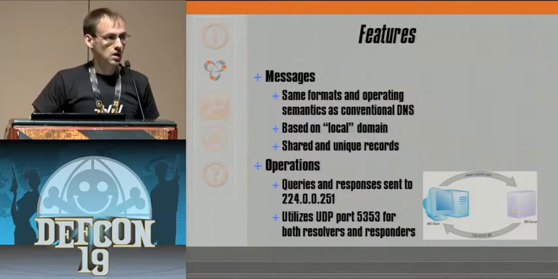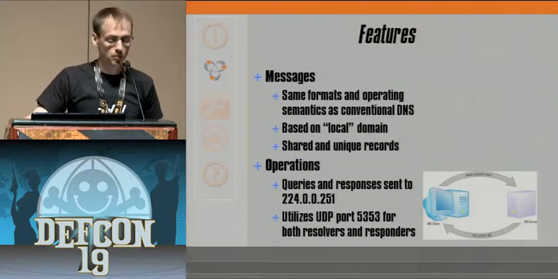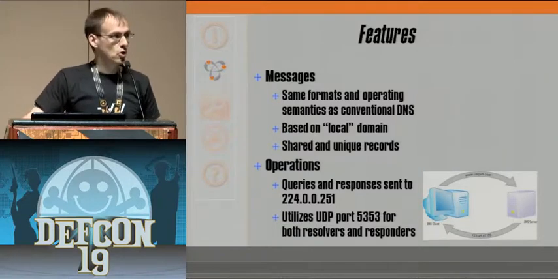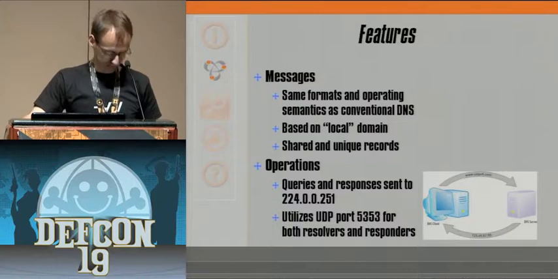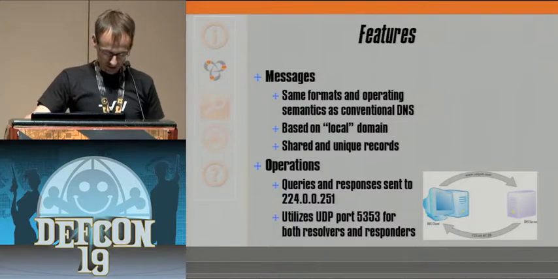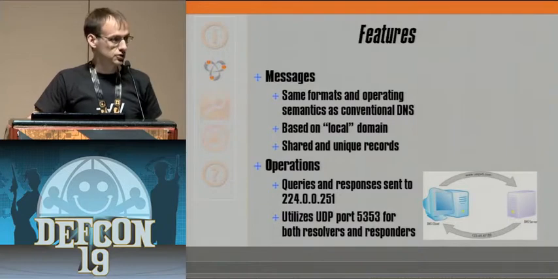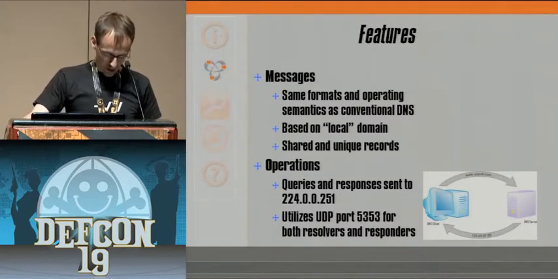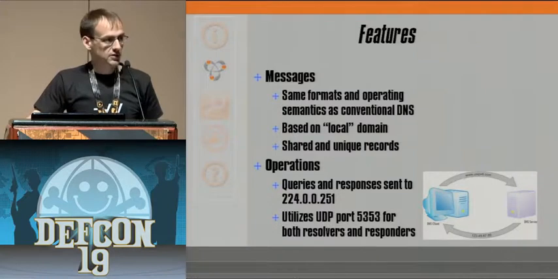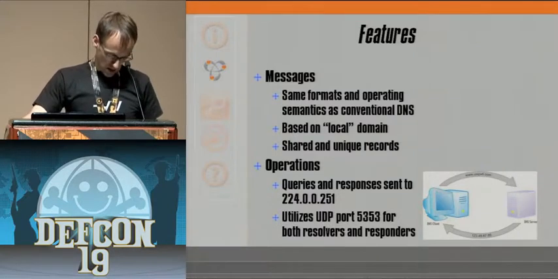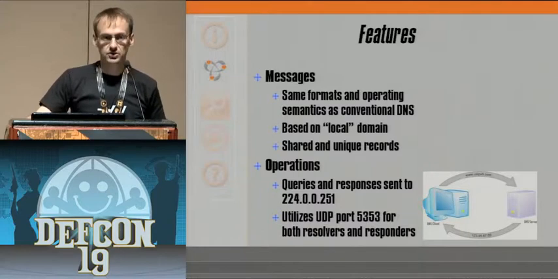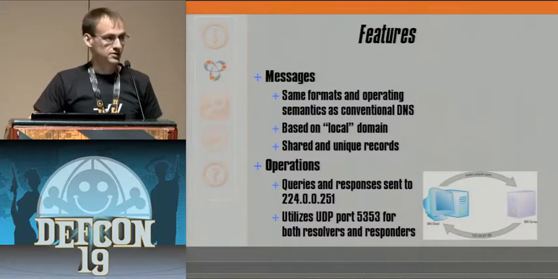The features, well, it is DNS, just running over multicast. Each host participating in multicast DNS maintains its own local domain, and queries and responses are sent to the multicast address over UDP port 5353, so that all participating hosts can answer queries sent, and all participating hosts can update their DNS cache with the responses that are returned.